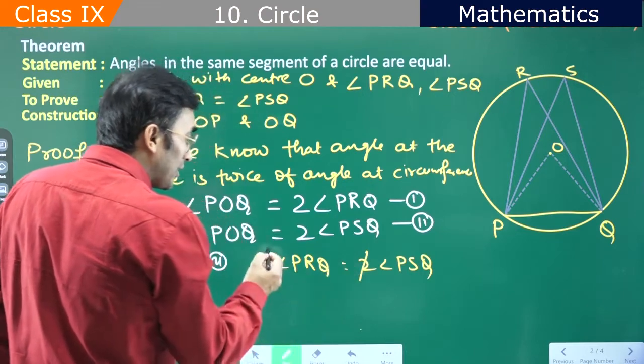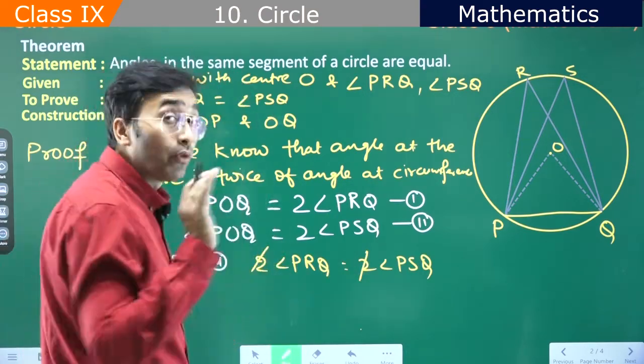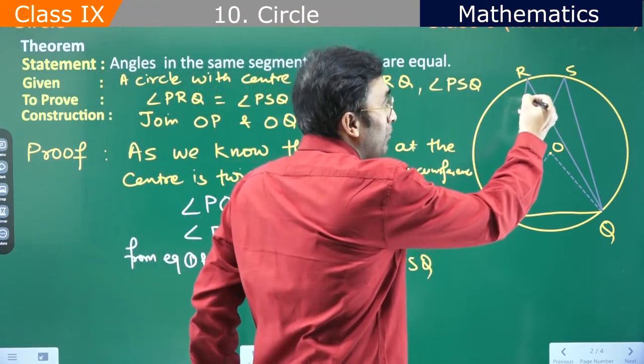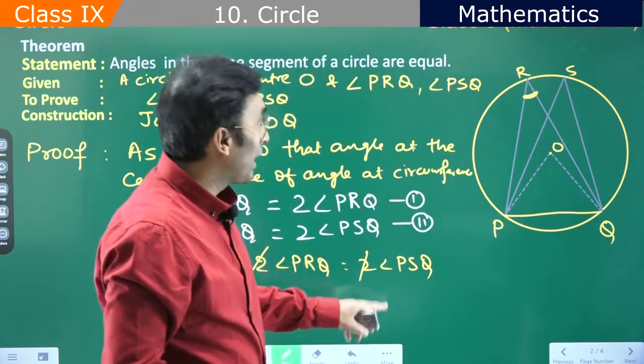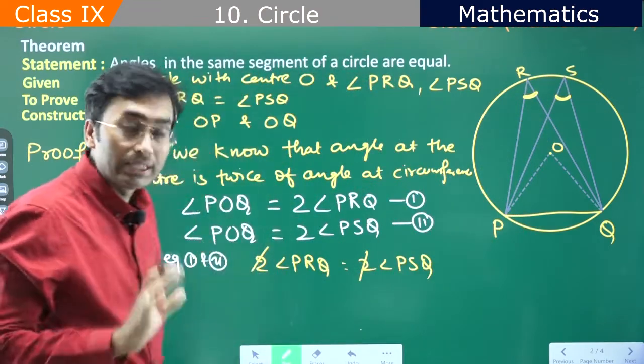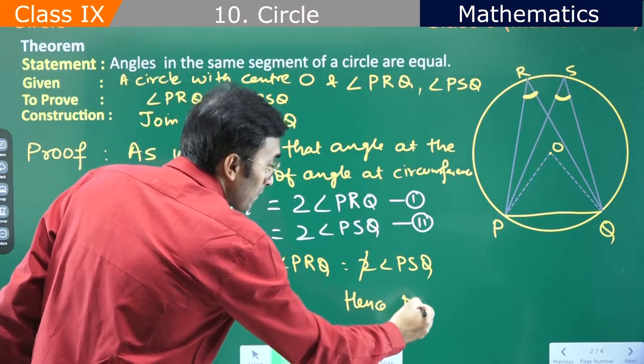Now this 2 and this 2 can be cancelled out because they are on both sides. Therefore we got angle PRQ equals angle PSQ. We got that these two angles are equal, hence proved.